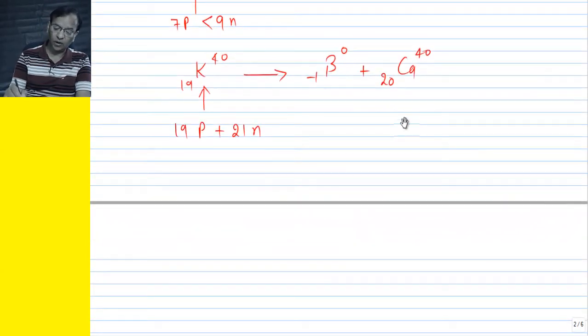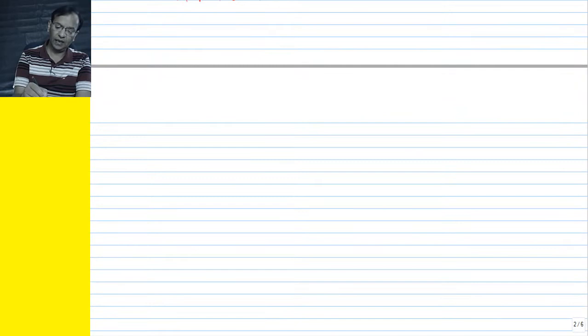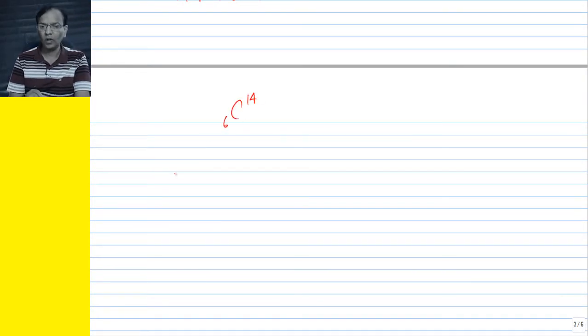A very common example of beta decay is the decay of carbon 14, which we use in C14 dating in determining the age of fossils. Carbon 14 has 6 protons and 8 neutrons, so it will decay by beta emission, giving nitrogen 14.